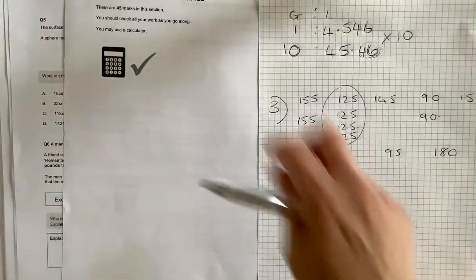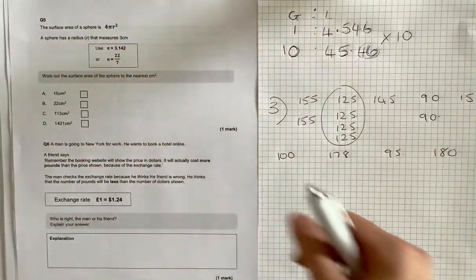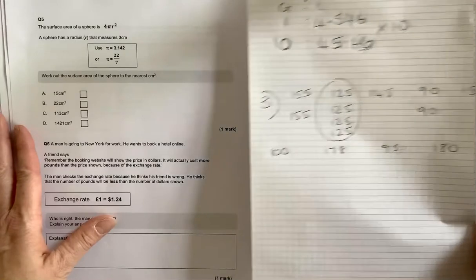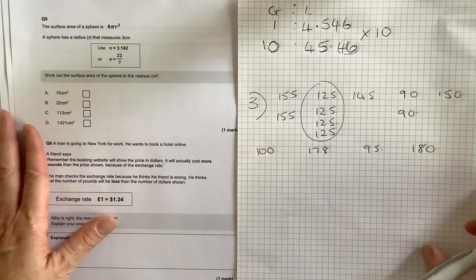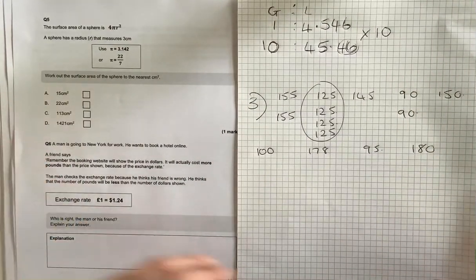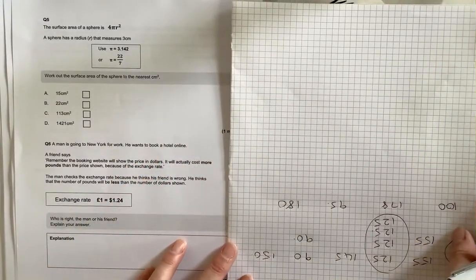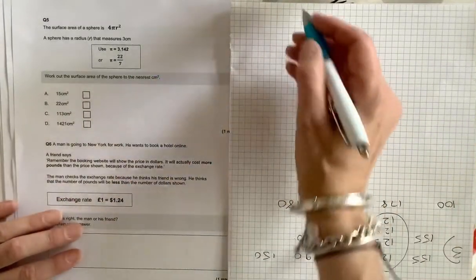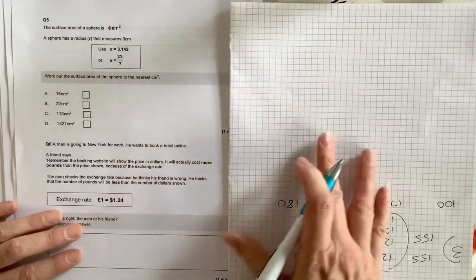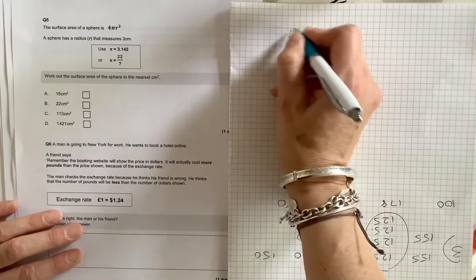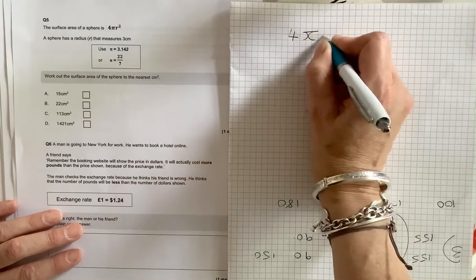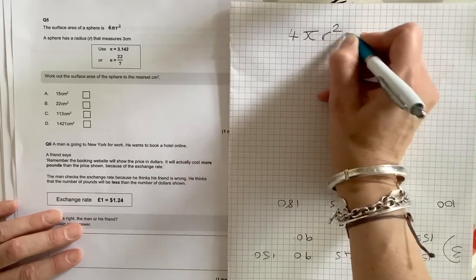Right then, what question are we on now? Question 5. Let's try and find that one then, amongst all my bits of paper. Right then, so we'll add a calculator here. The surface area of a sphere, turn my paper around, is a formula for you here. So we've got 4 times pi times r squared.